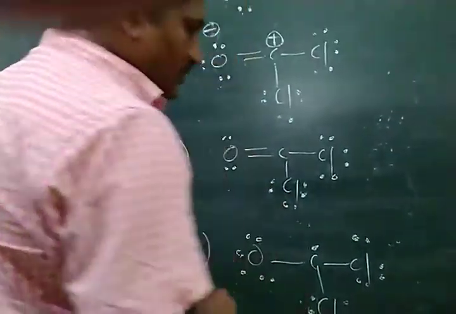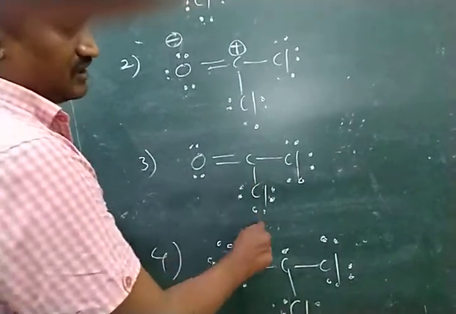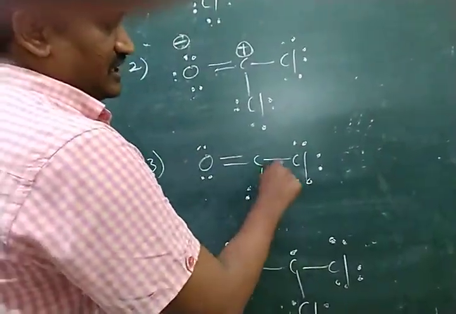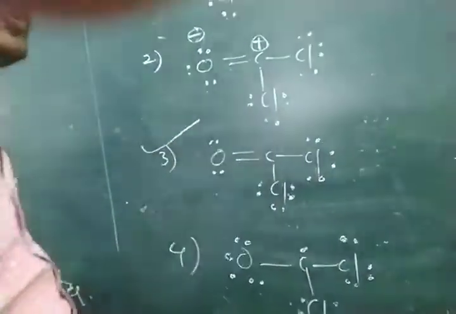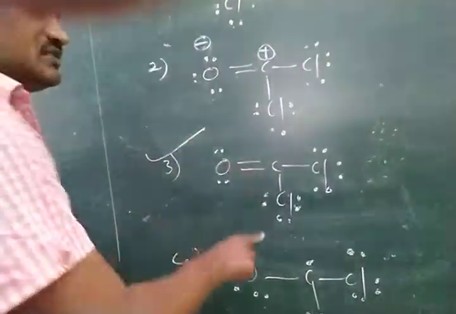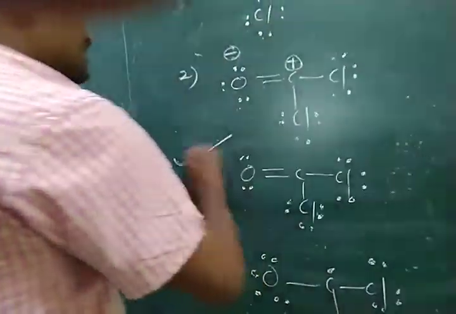And chlorine, here 2 plus 2 plus 2, 6, plus 2, 8, following the octet rule. And this chlorine too, 2 plus 2 plus 2 plus the 2 electrons in the bond, following the octet rule. So that's why the most stable structure is this neutral structure, also following the octet rule for each atom in the given molecule. So we will consider this.